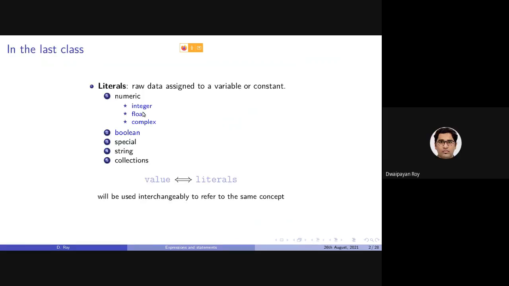Okay, so in the last class, we discussed different literals. We concluded the discussion on numerical literals, how to declare an integer, float or complex literal. Also, we discussed what a Boolean literal is.